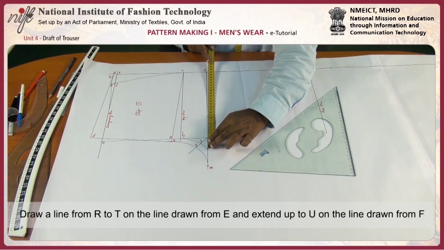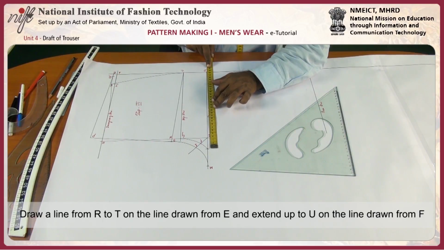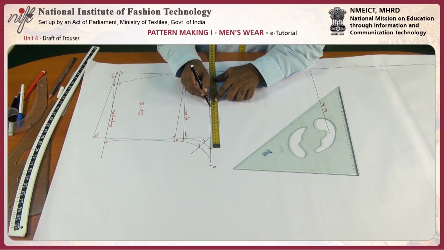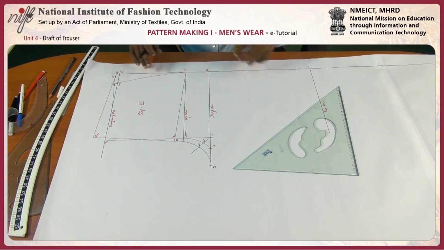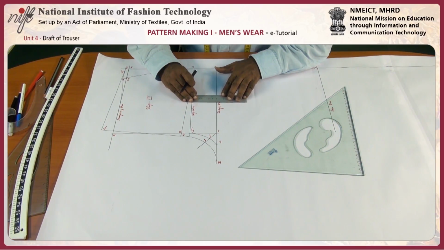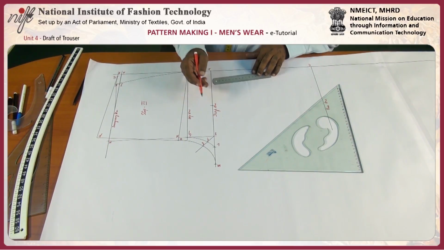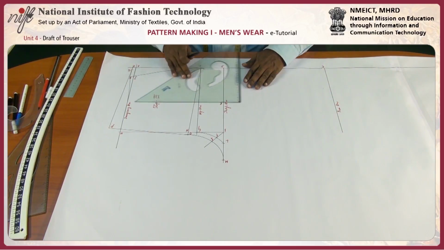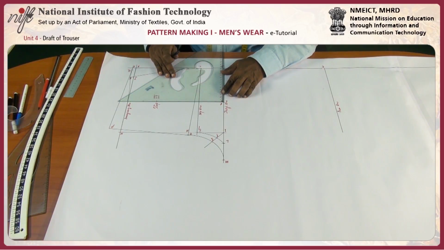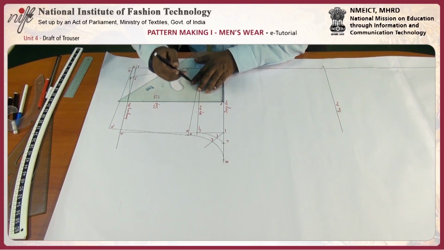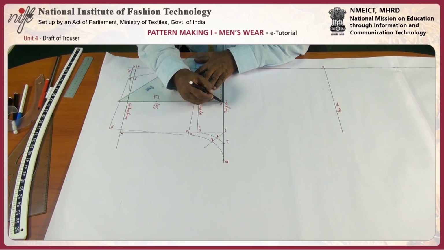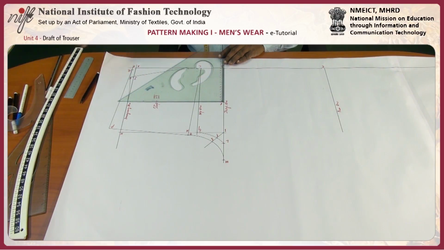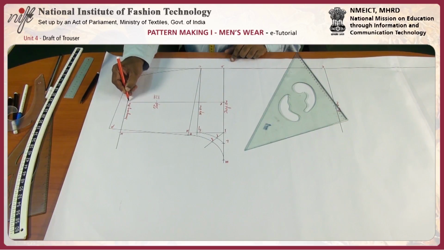Point R will be half of D and L. That is 14 for point R. Now draw perpendicular line from point R towards imaginary line, so that you get R and S. This will be S.